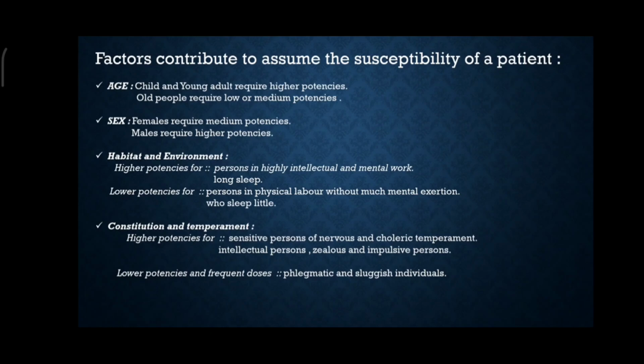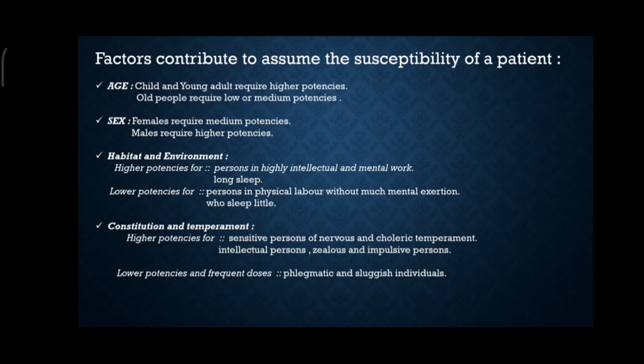Lower potencies are best adapted for persons engaged in physical labor without much mental exertion, who sleep little, whose food is coarse, and persons who are exposed to the continual influence of drugs such as tobacco workers and dealers, distillers and tobacco traders. Persons who are deaf and dumb also require lower potencies.